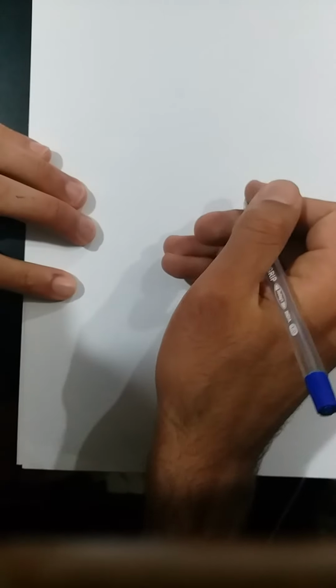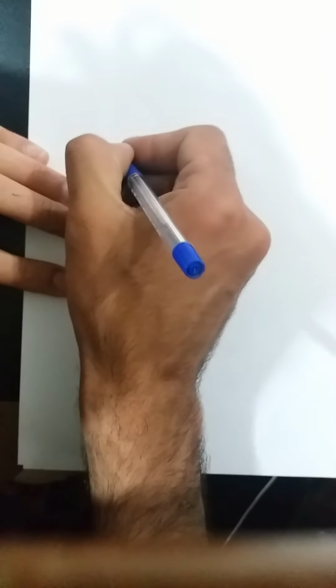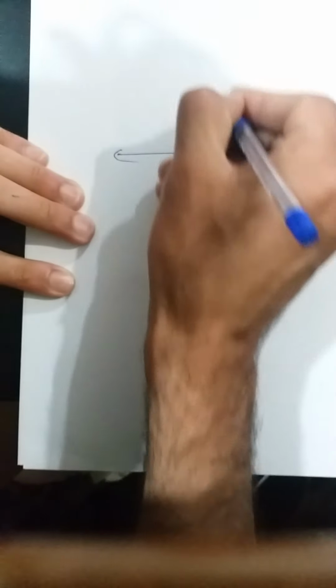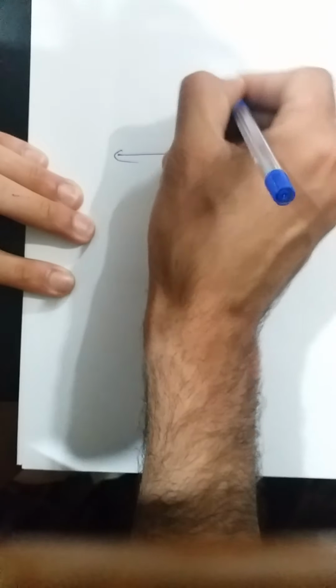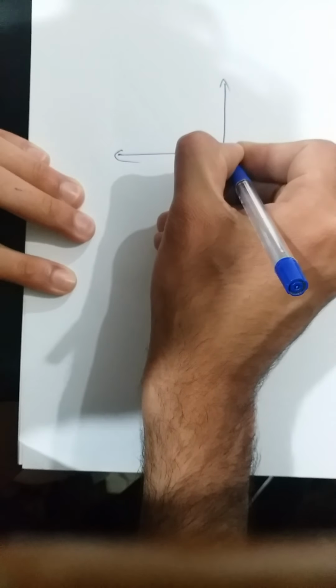If you look at your worksheet, the perpendicular should be the lines like this. Okay, with this perpendicular, I'm going to have a right angle.